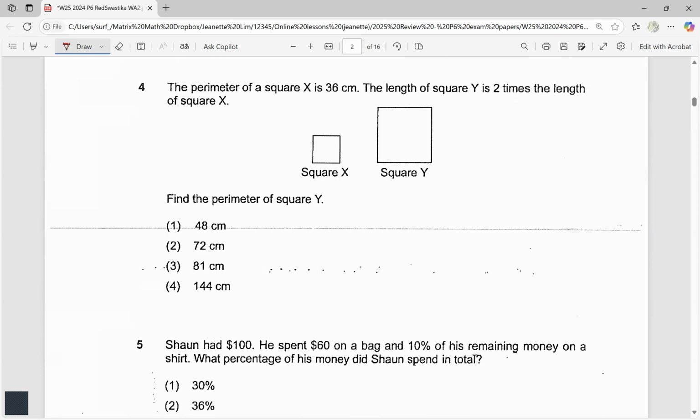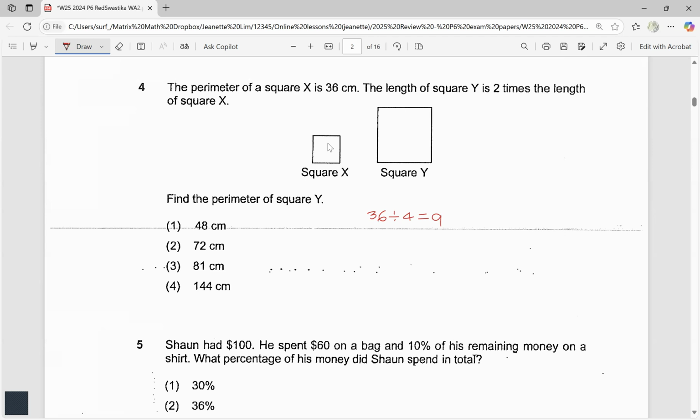Question 4, the perimeter of square X here is 36 cm. The length of square Y is 2 times the length of square X. So let's find the length of square X first. Since the perimeter is 36, I'll divide it by 4. It's not the square root of 36, because 36 is the perimeter, 4 sides, so we divide by 4.